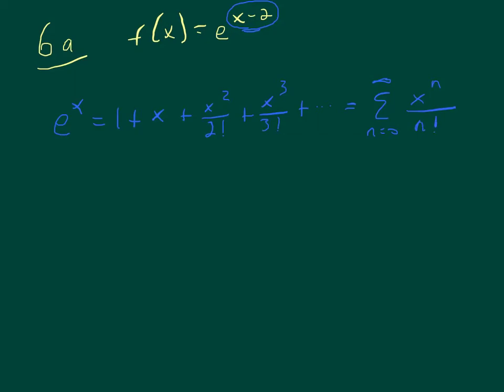Now, as I said, we're going to be able to use this Maclaurin series to help come up with the Taylor series for our given function centered at x equals 2. And just like we've done to find other Maclaurin series or other particular Taylor series, all we have to do is take the expression x minus 2 and plug it into this Maclaurin series for e to the x, and wherever we see an x, we're going to plug in the expression x minus 2.